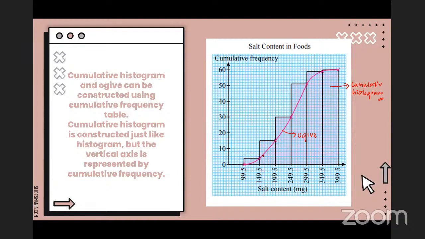They are sharing the same upper boundary, and they are all keep increasing. Okay, and the ogive is also the same. It will start from the x-axis with a 0 frequency over here. Okay, did anyone have any problem? If not, then I'm going to proceed to the exercise.